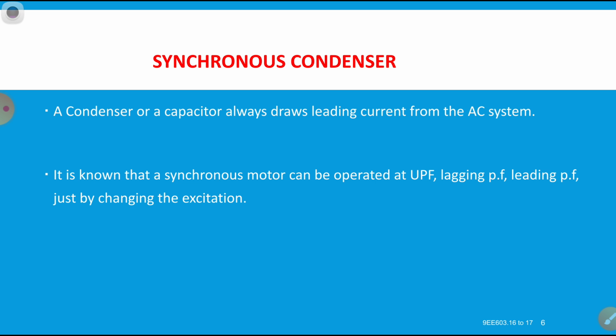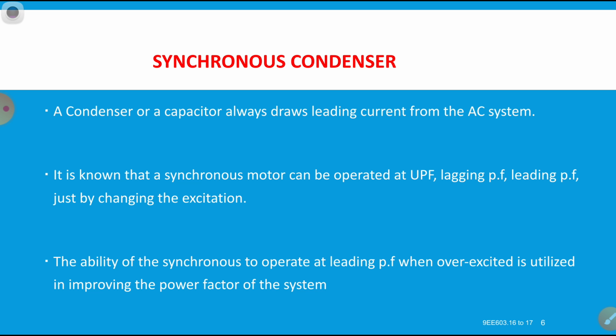It is known that a synchronous motor can be operated at unity power factor, lagging power factor, or leading power factor just by changing the excitation to the rotor. Only a single rotor with slip rings. The ability of the synchronous motor to operate at leading power factor when overexcited is utilized in improving the power factor of the system.